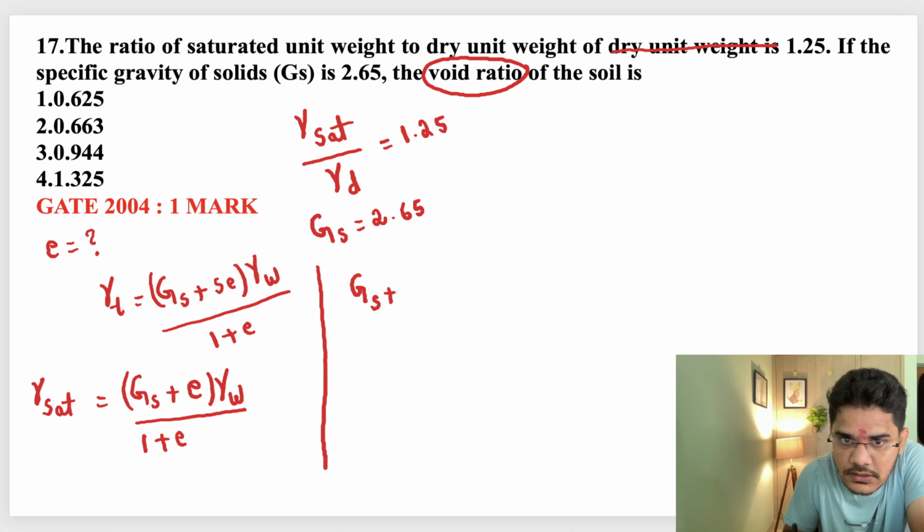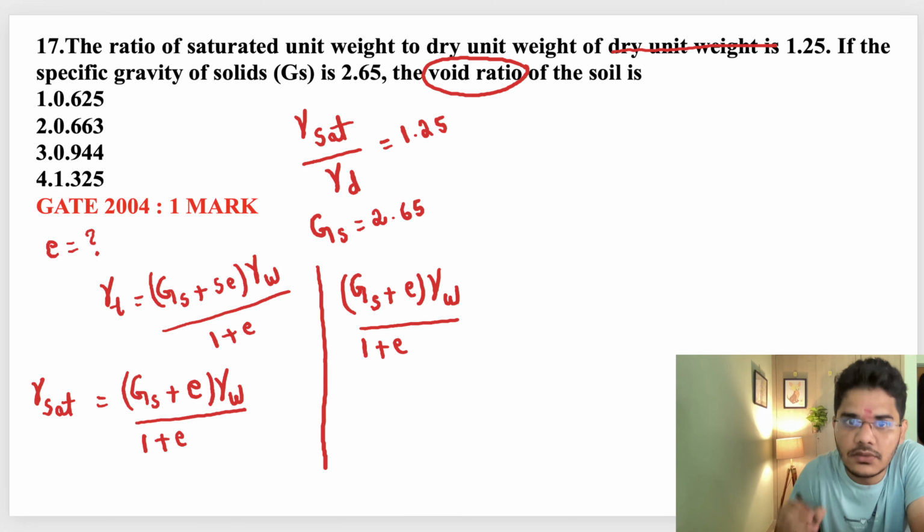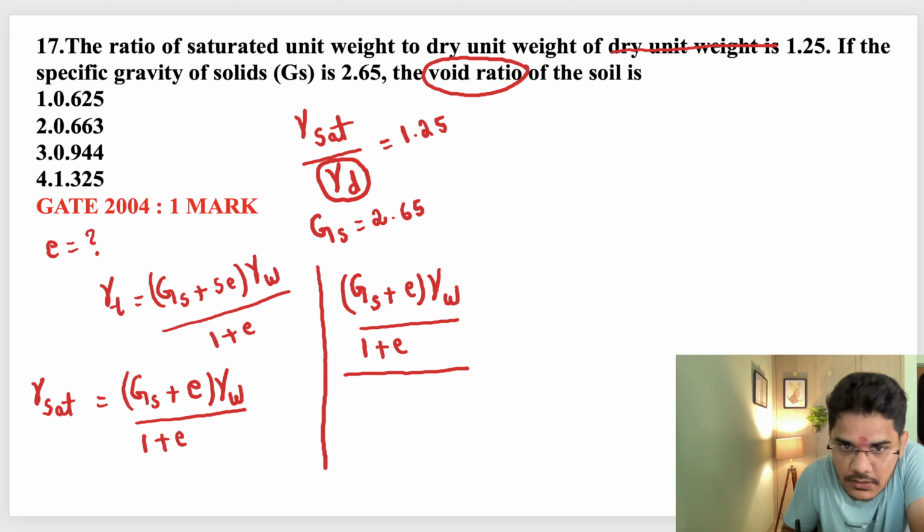(G_s plus e) into gamma w divided by 1 plus e, this is the value of gamma sat, divided by gamma d, which is G_s gamma w by 1 plus e. So the 1 plus e gets cancelled out.